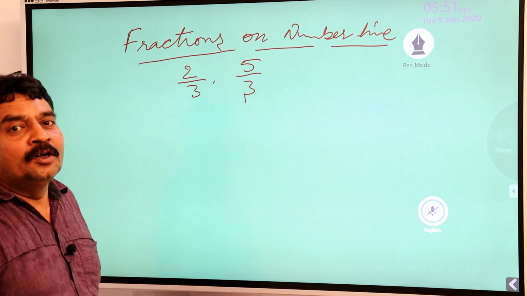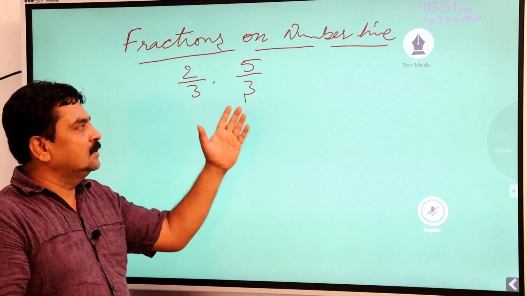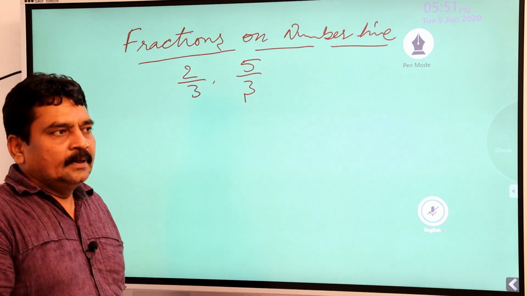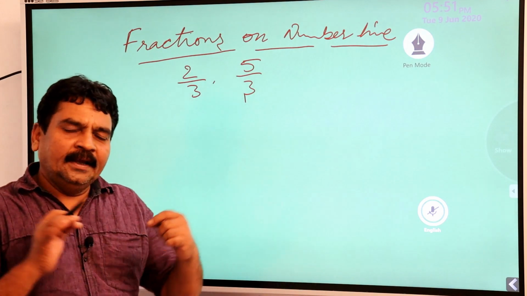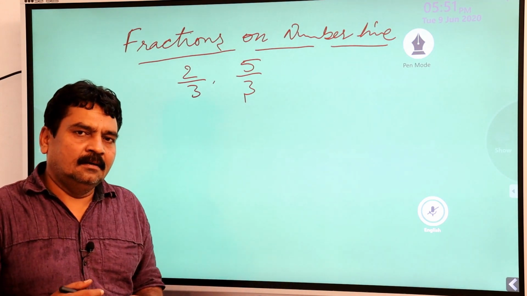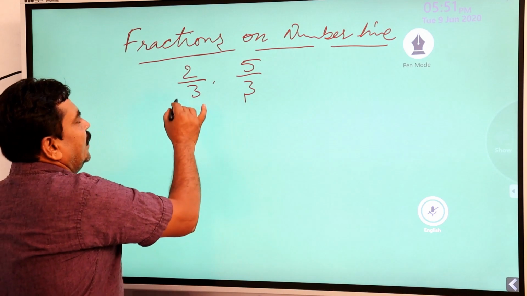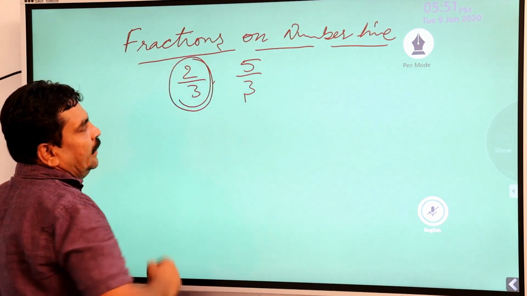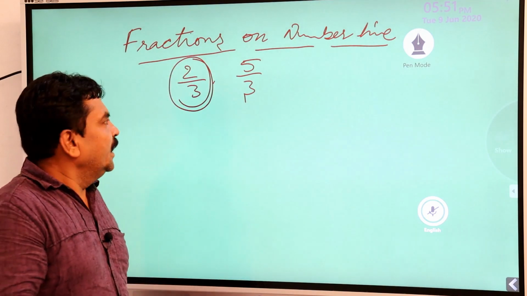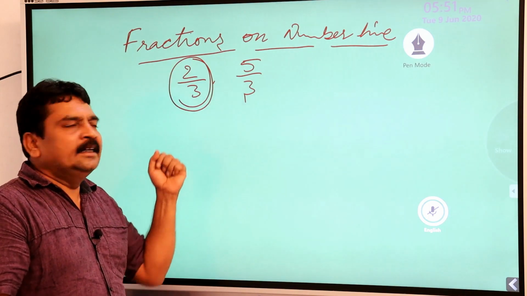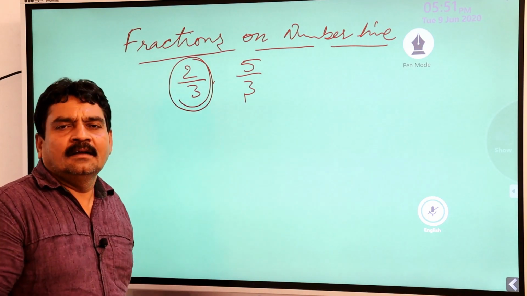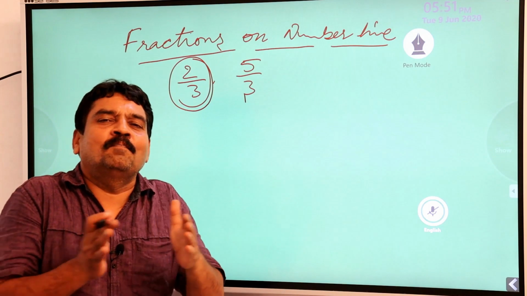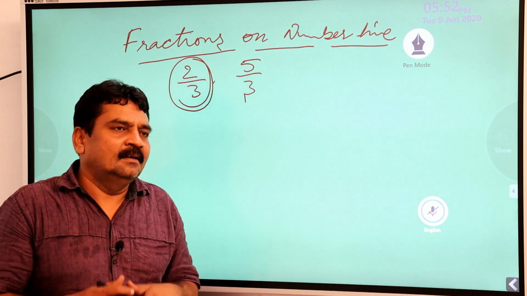How are you going to represent fractions on a number line? Before drawing a number line, we'll take the first value and I'll explain this. 2 by 3. In a fraction, the denominator always represents the number of parts, right?